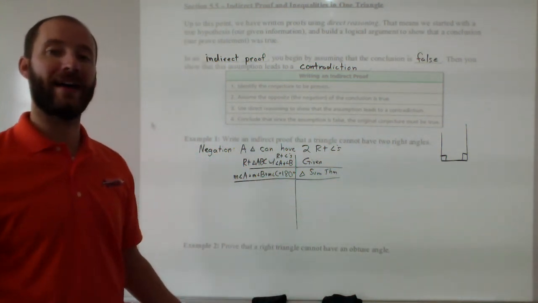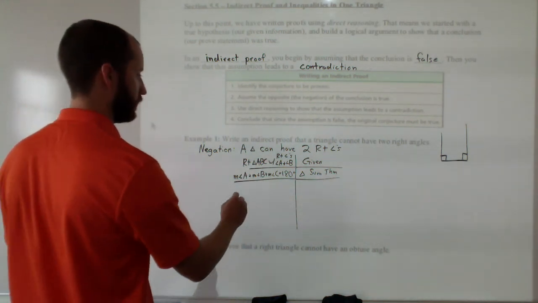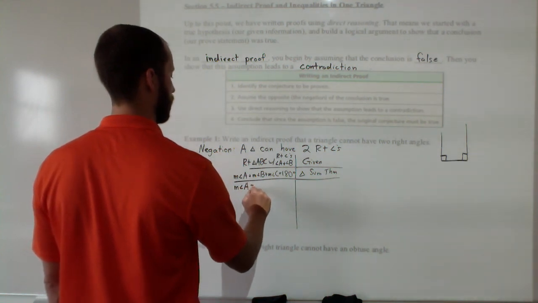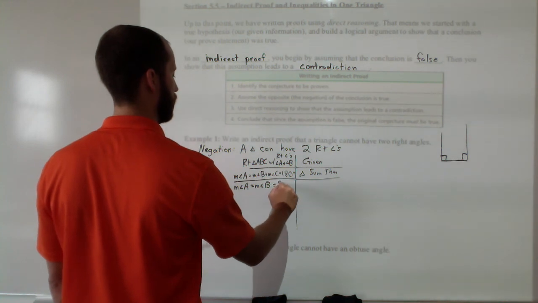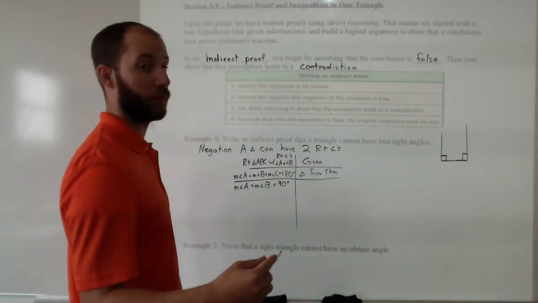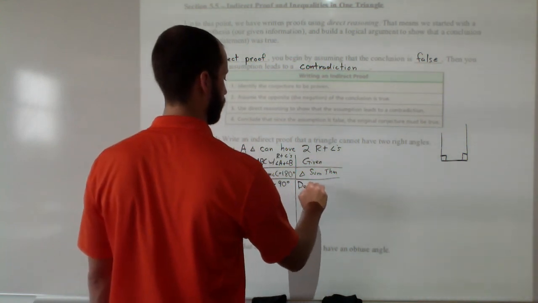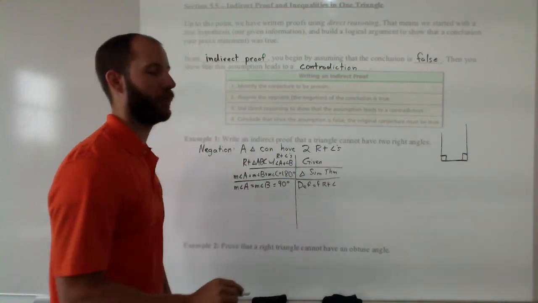We know that about triangles. Well, what do we know about right angles? Well, if both angle A and angle B are right, they're equal. They're both 90 degrees. That's the definition of a right angle.